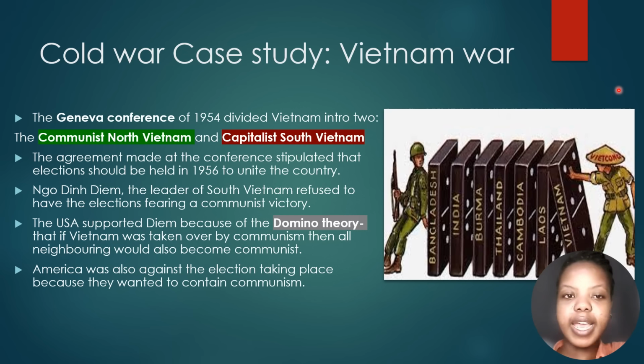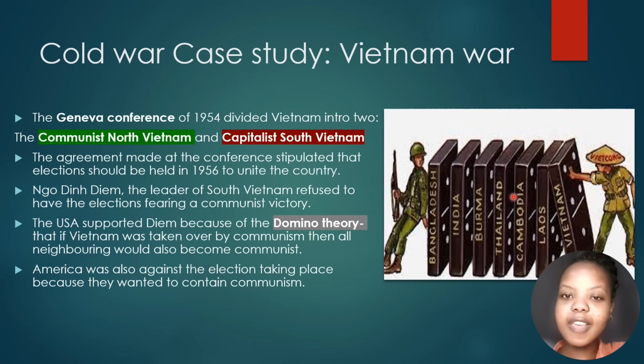And then on the other hand, the USA supported Diem because of the domino theory. What was the domino theory again? We said it was a belief that if one country in Asia becomes communist, all of the other countries are going to be communist. They are all going to fall into communism like dominoes. For example, if Vietnam becomes a communist country, the other neighboring countries are going to be communist as well.